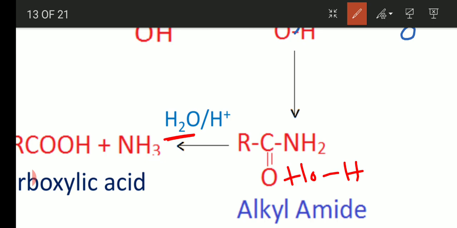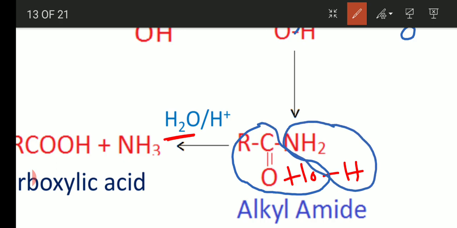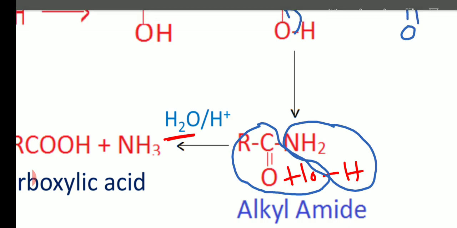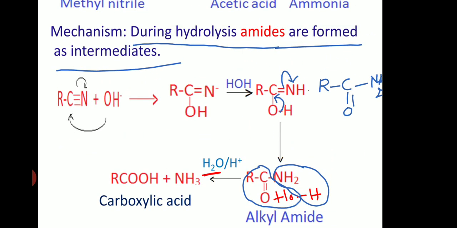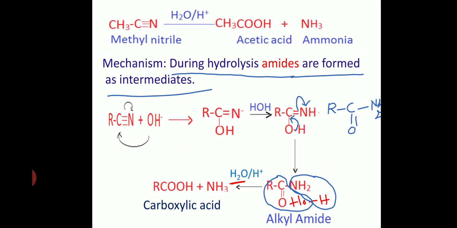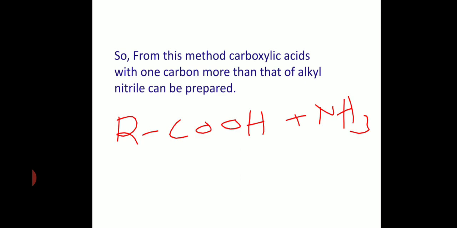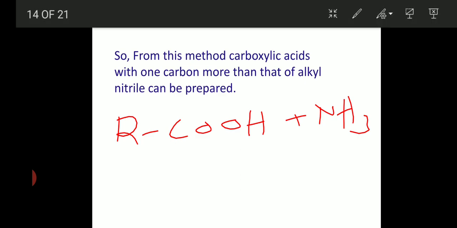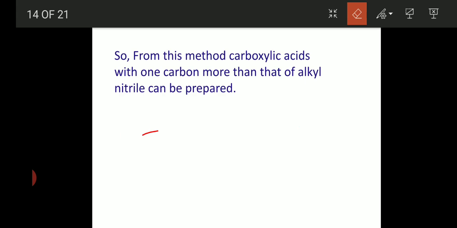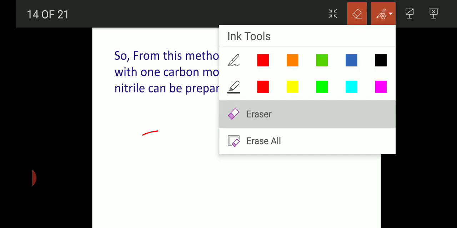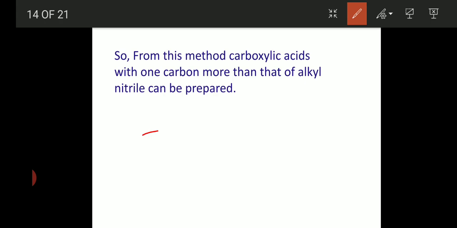Now take these two parts, RCOOH and NH3, and while writing, one thing we have to remember. From which side are we breaking the bond? From that side only you connect the bonds. Do you understand what I have said?